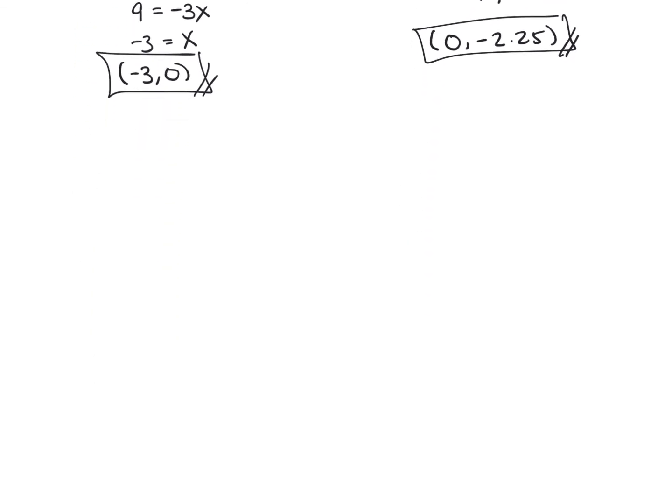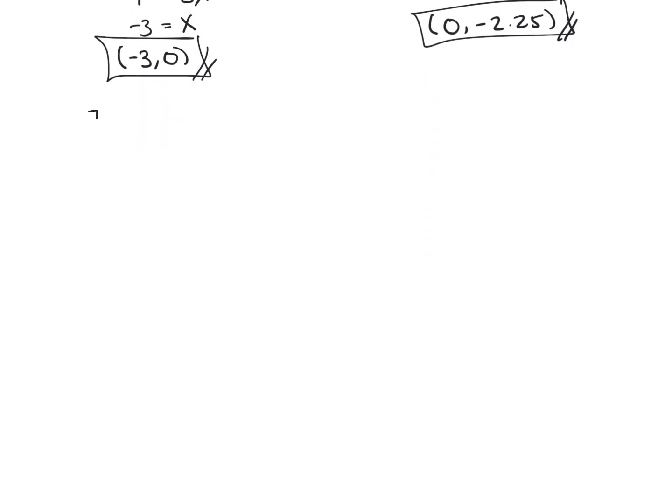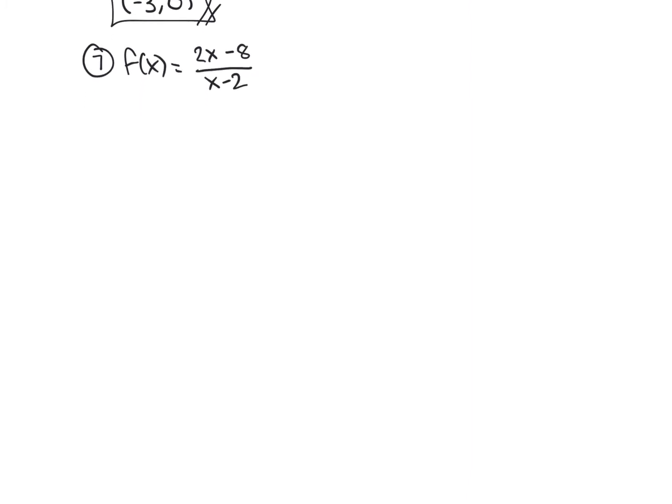So problem number 7, if we scroll, is f of x is equal to 2x minus 8 over x minus 2. So let's start with our vertical asymptote. For our vertical asymptote, we set our denominator equal to 0 and solve. So you have x minus 2 is equal to 0.